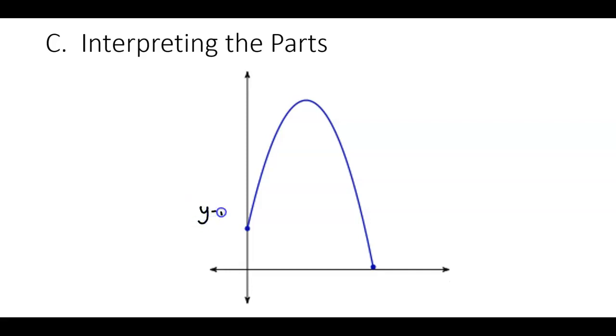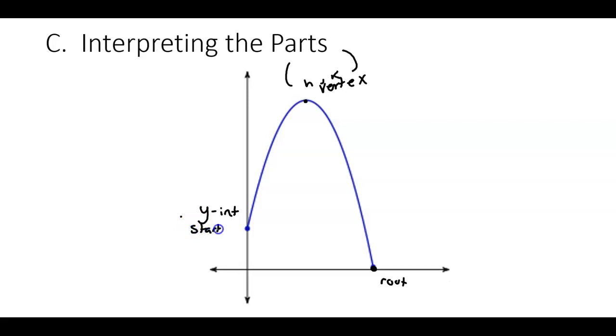So as you guys may recall, this is a y-intercept. This is a vertex. And the vertex has an h and a k in it. And this is a root. But in our story problem today, all these things are going to be something. So what does the y-intercept represent in today's story problem?